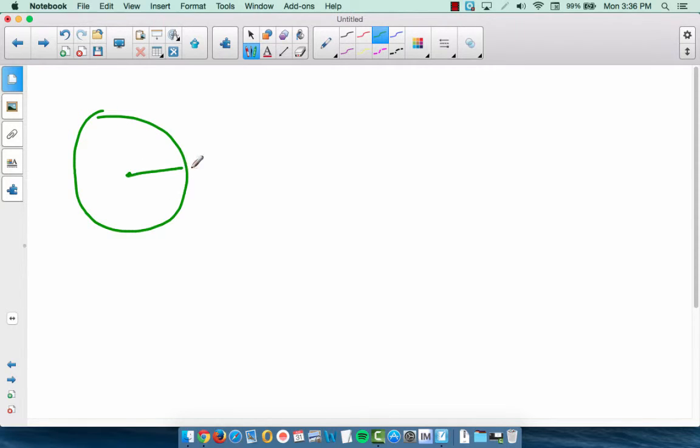Here's the central angle. Here's theta. Theta, I'm going to say, is equal to 3 pi fifths radians. And the radius of the circle is 10 centimeters.